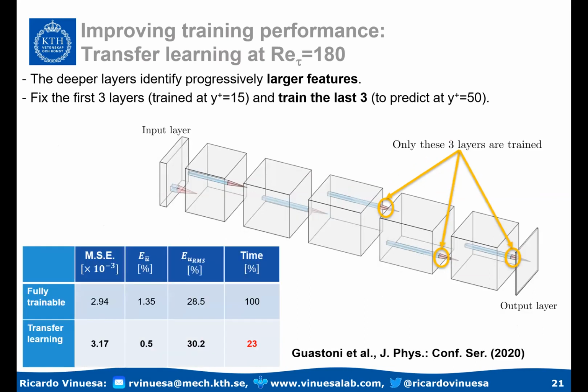And it turns out that, yes, in terms of accuracy, we get the same errors, the same accuracy as with the original network, but we reduce the training time to 23% of the original. So by reusing the information that we knew close to the wall, we can actually save significantly in terms of training time, which is in principle good.